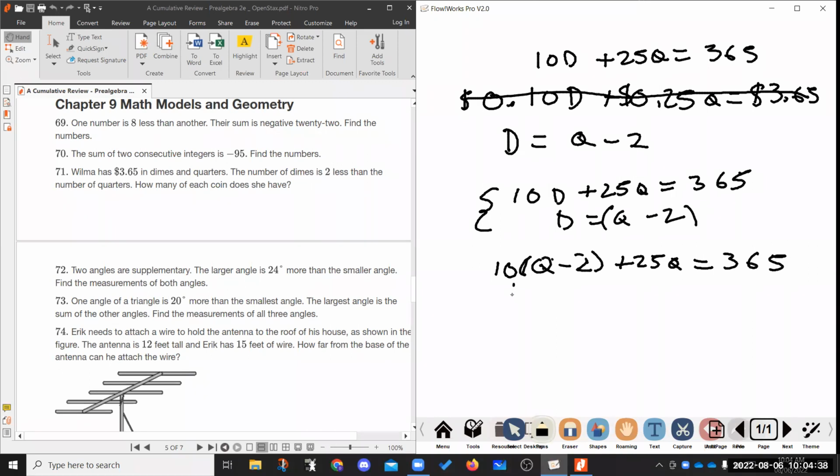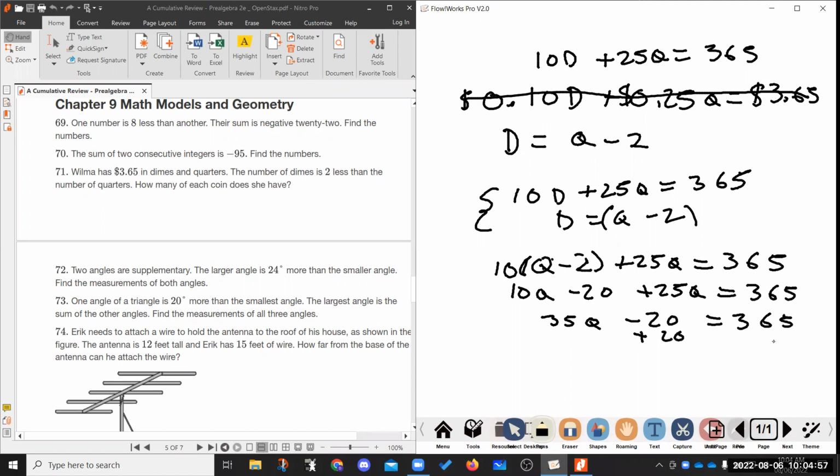So that's 10q minus 20 plus 25q is equal to 365. This is going to be 35q minus 20 is equal to 365. I'm going to add 20 to both sides. We're going to get 35q is equal to 385.